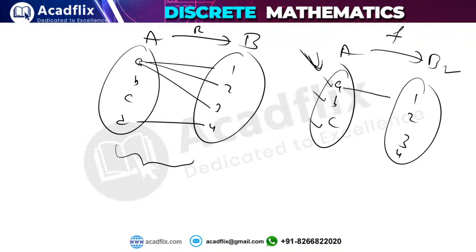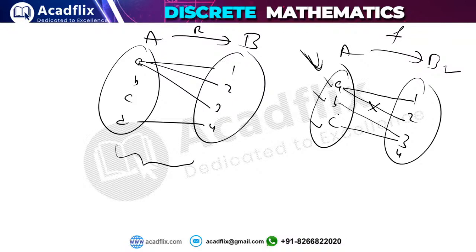Remember, exactly one element. So you cannot have this, because this element A should be related to exactly one element.